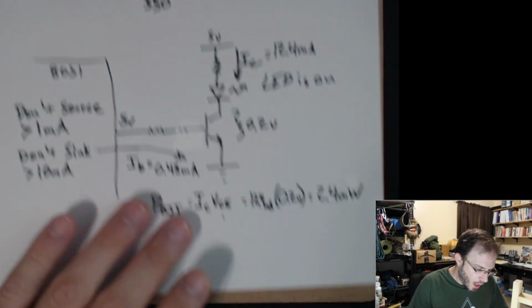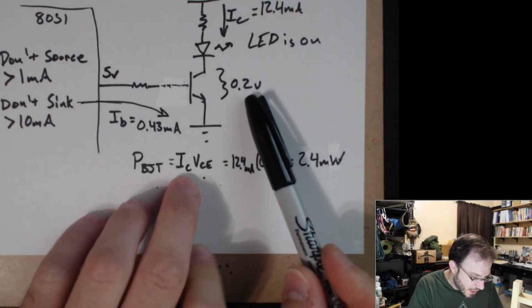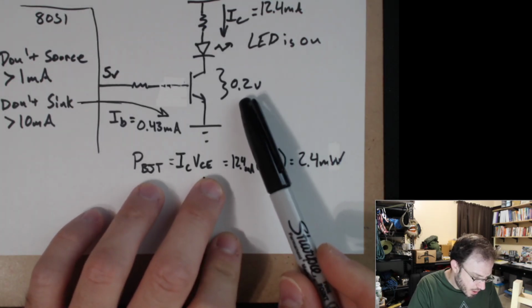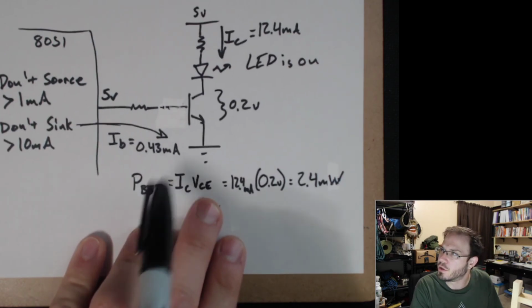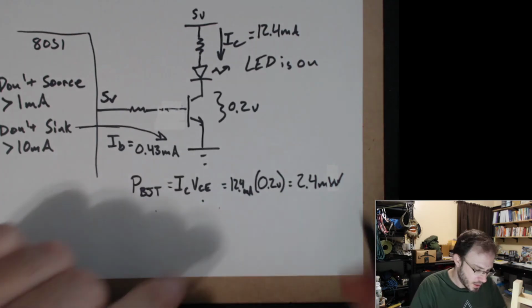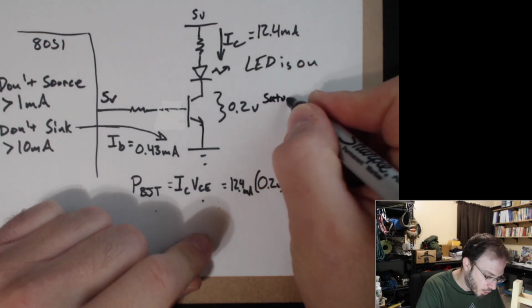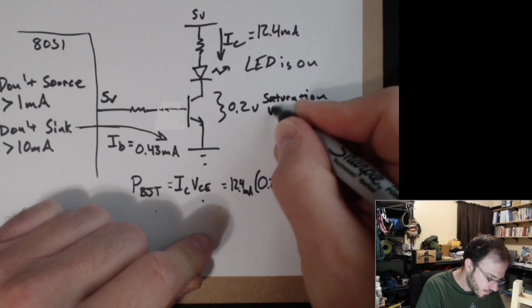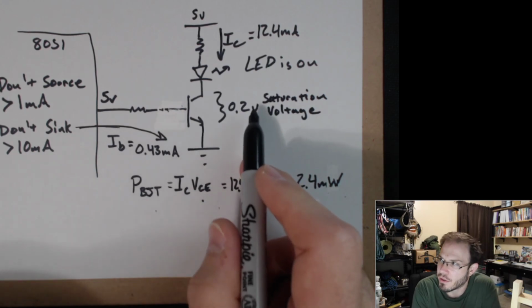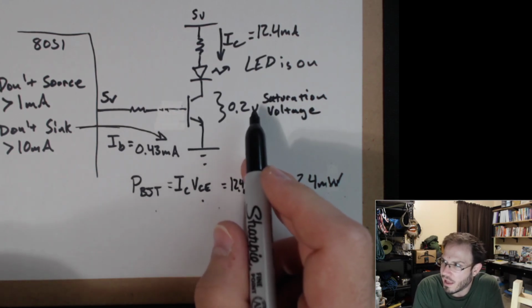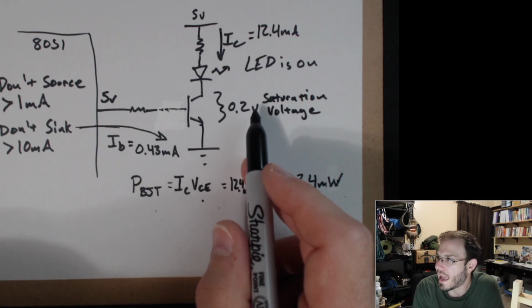Is the power dissipated always going to be 0.2 volts? Or does it depend on the resistor or transistor? For a BJT, the VCE term of your power calculation will always be 0.2 volts if you're in saturation. This we would call the saturation voltage, and that is just a given value, kind of like how we have a 0.7 volt drop for a silicon based diode.